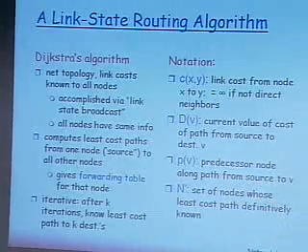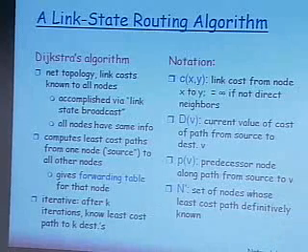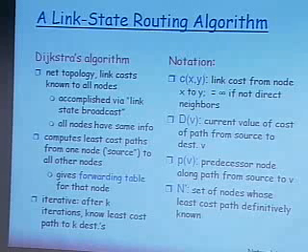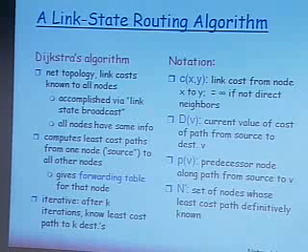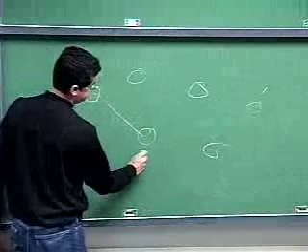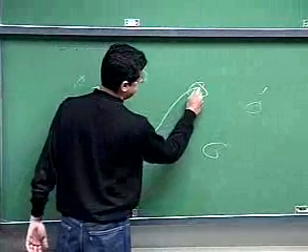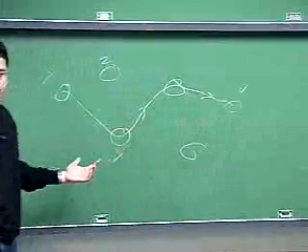So what is meant by that? Suppose the path to this node V is being computed from this node X, and the path that you compute, so this is Y, this is Z. Suppose this is the path that you're going to end up with.